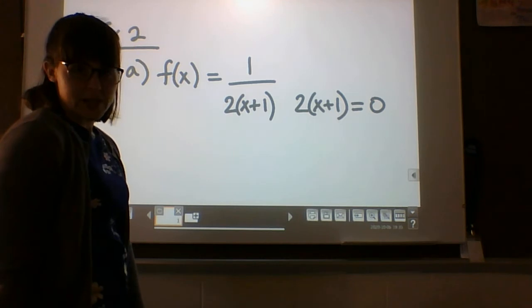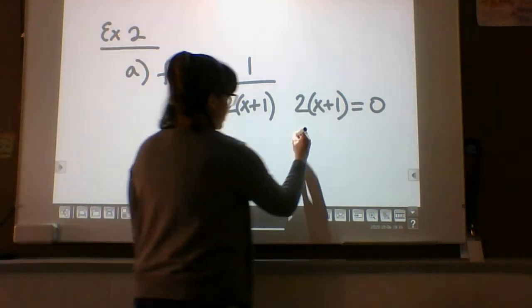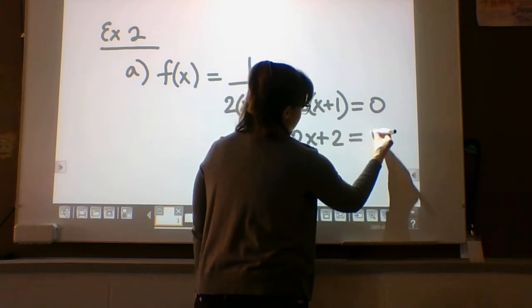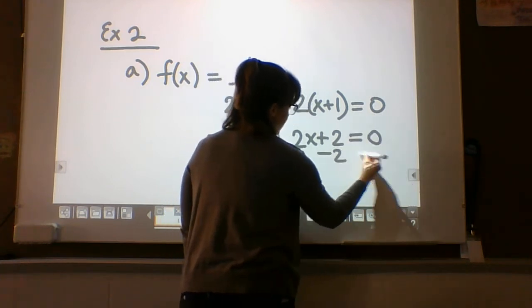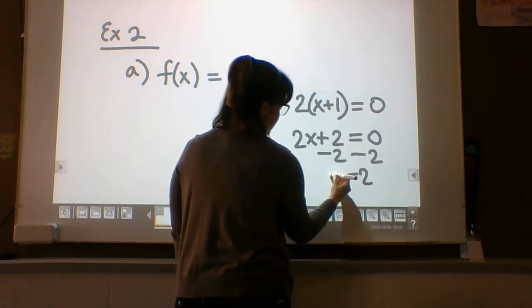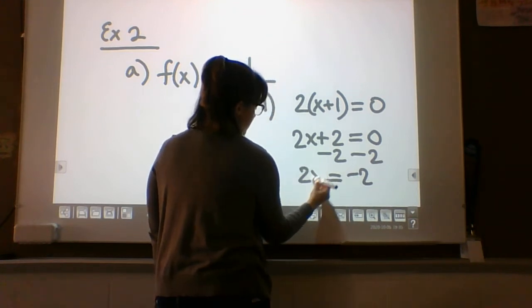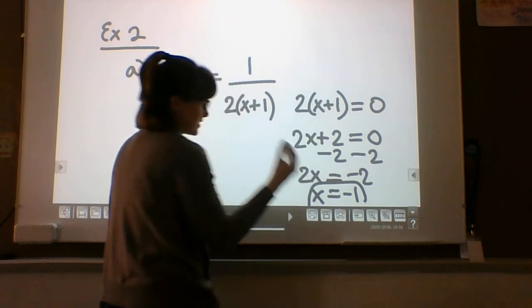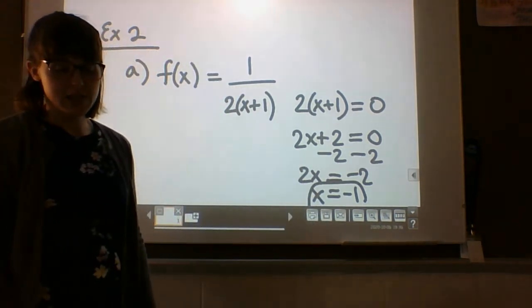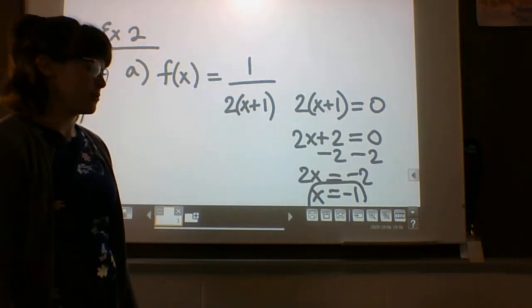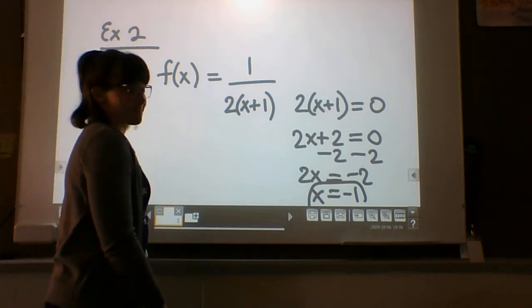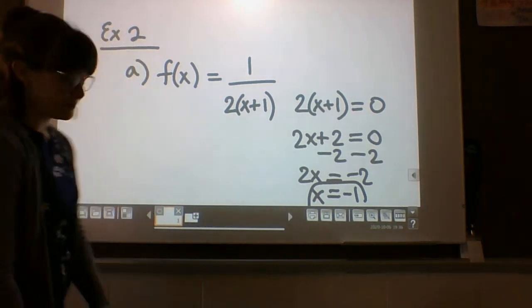So if you want, we can distribute this 2 and make it 2x plus 2 equals 0. And then we can solve it for x. We have x equals -1. So we will have a vertical asymptote at x equals -1. Okay, so that's part A.